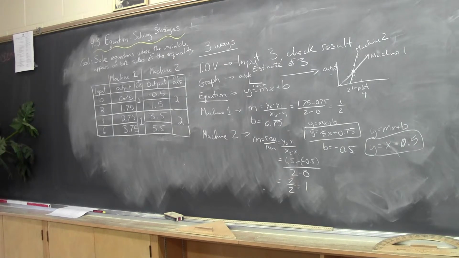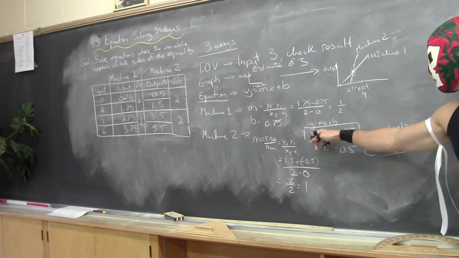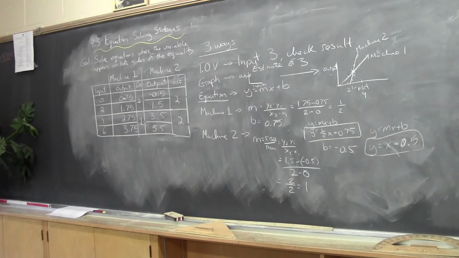David. When the y value is the output. Right, you're close. No, it's not a specific number. We don't know what the output is, right? But one thing we do know is that they're the same. Okay? We want to find the output y when these two y values are the same.